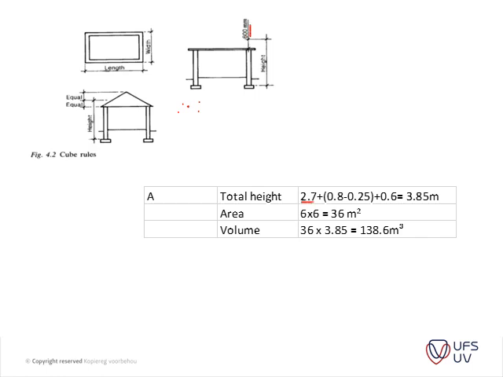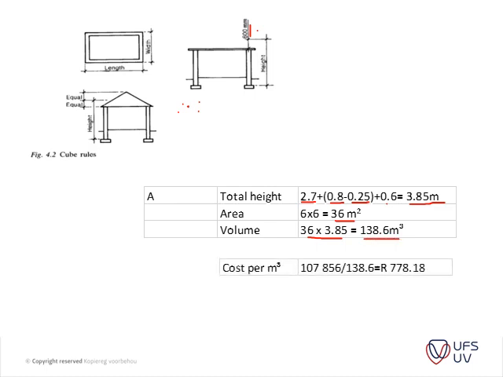So we've got our total roof height plus our 800 millimeters minus our 250 millimeters plus our 600 millimeters to get a total height of 3.85 meters, and we've got our area that we worked out previously, and thus we can easily multiply the two out to get our total volume for the building.